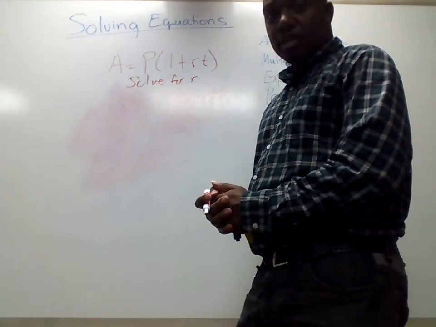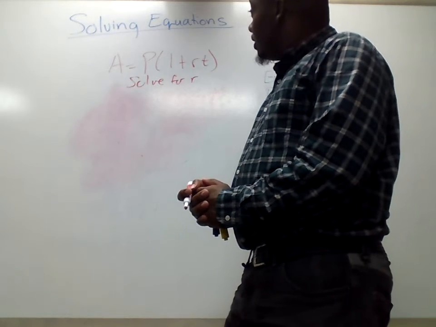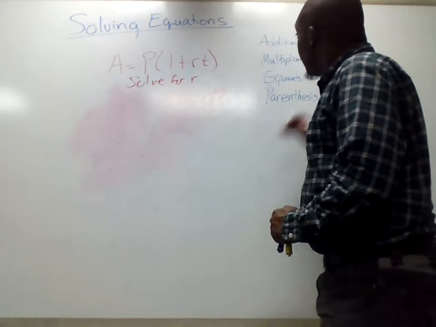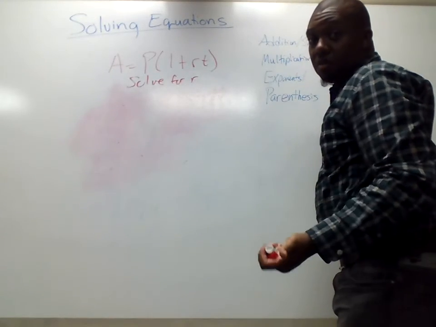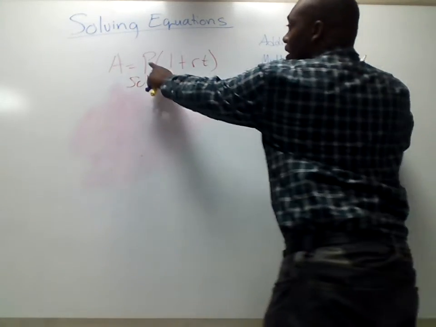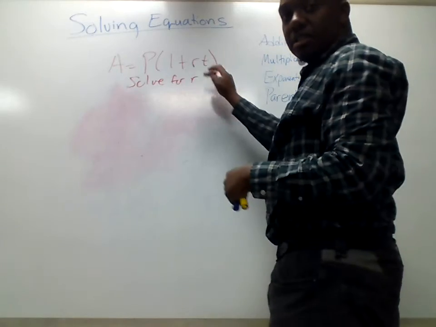All right. So I want to solve for R. I want to get R by itself. Well, we still do our order of operations backwards. The first thing we would do is get rid of P, because that is the last thing that is occurring to R, because R is inside its parentheses.